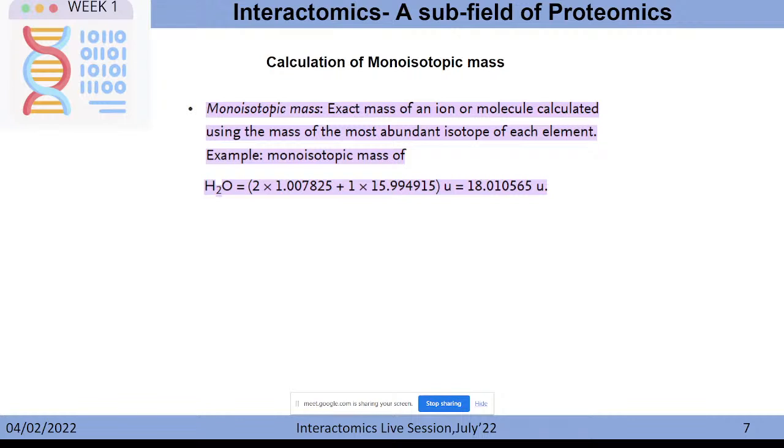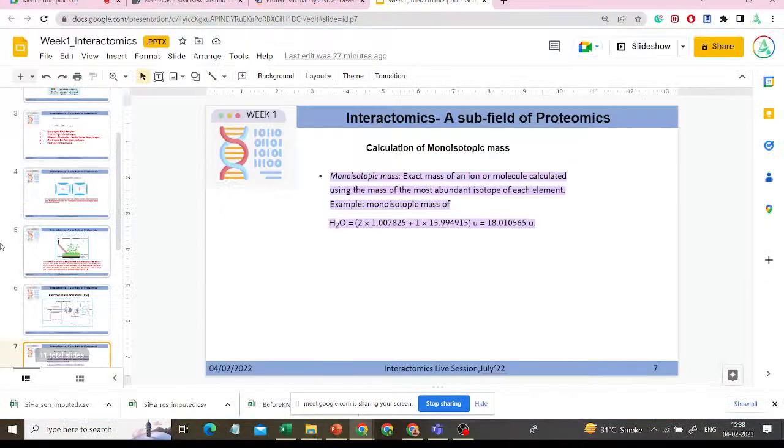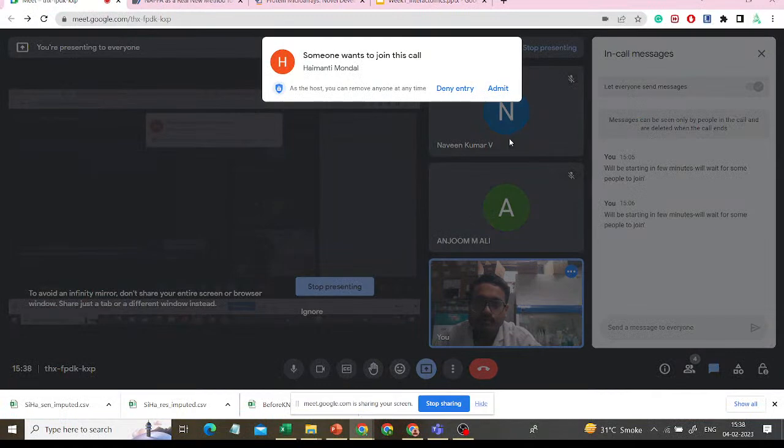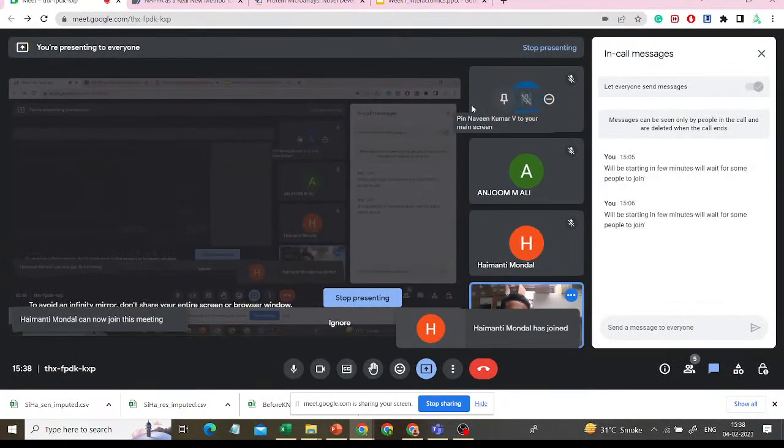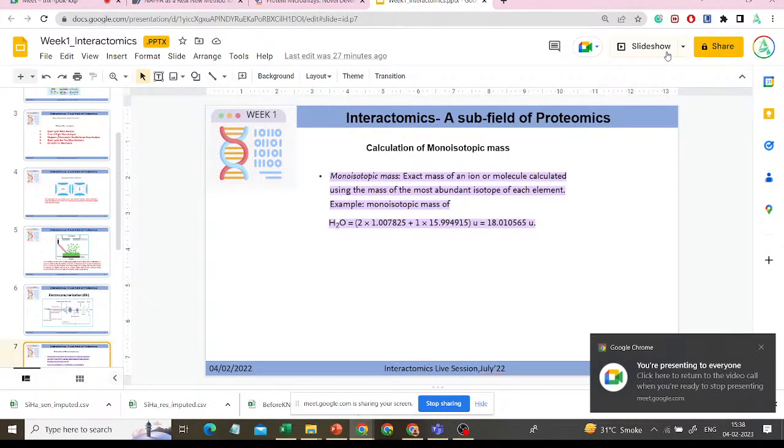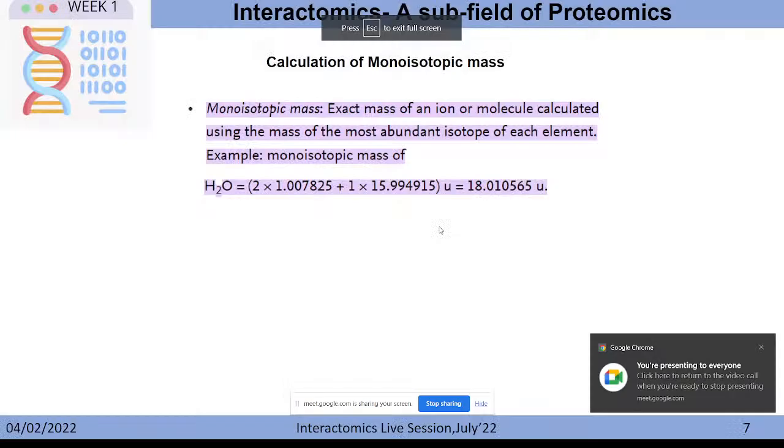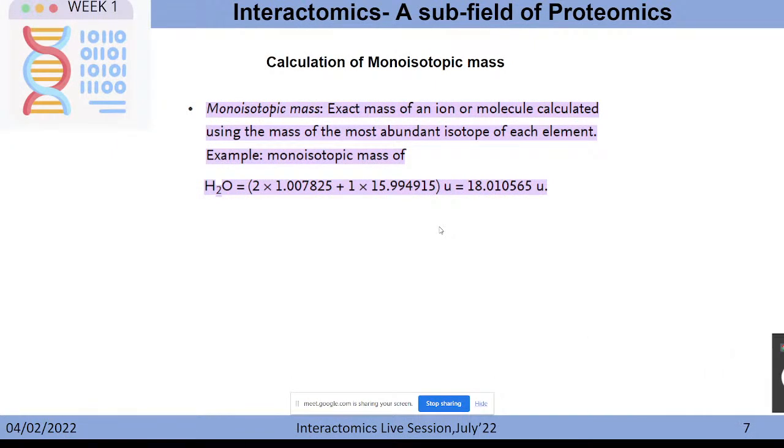Here I told you that in mass spectrometers you calculate and understand the m by z, the mass by charge. Whatever you detect would be your m by z. Your charge state will be either plus 1, plus 2, or plus 3, depending on your ionization.